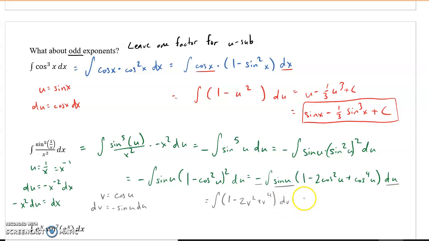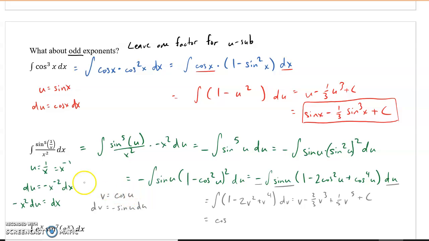So the integration here is with respect to v, so 1 turns into v, and we've got 2/3 v cubed, inverse power rule, and 1/5 v to the fifth. All right, there's my answer, except it's in the wrong variable. We've got to sub back the v to u, so instead of v, we'll have cosine of u.